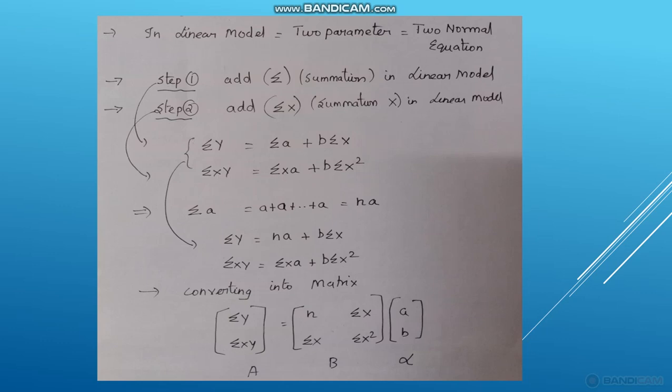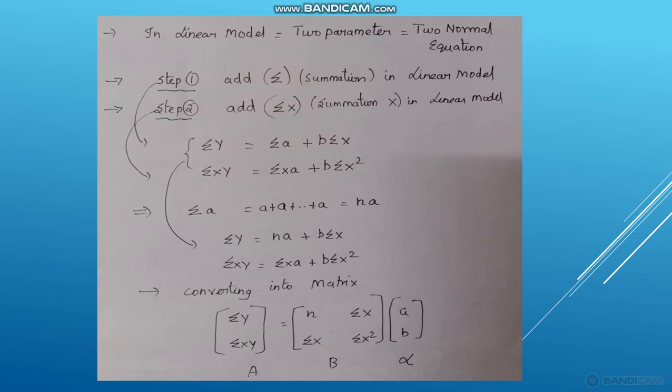Next the parameters a and b form the alpha matrix. So we have the A matrix, the B matrix and the alpha matrix. The A matrix and B matrix we know, and we can find their values by using the data.